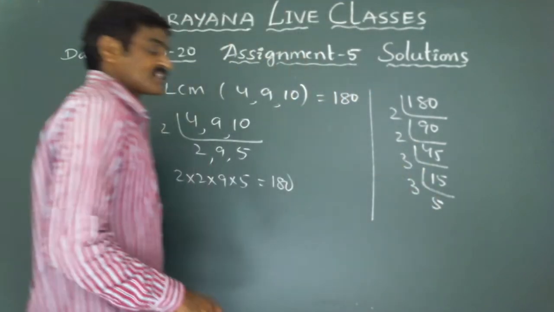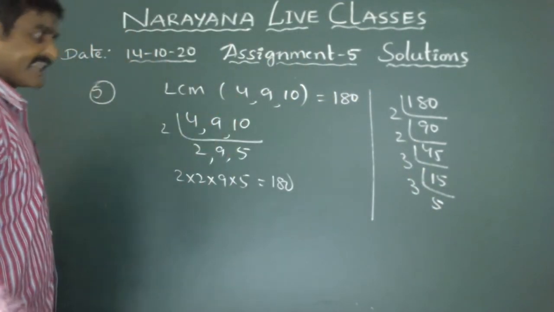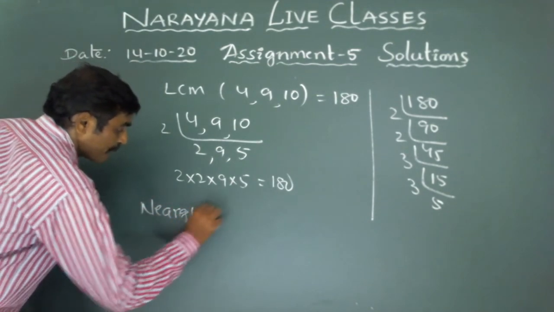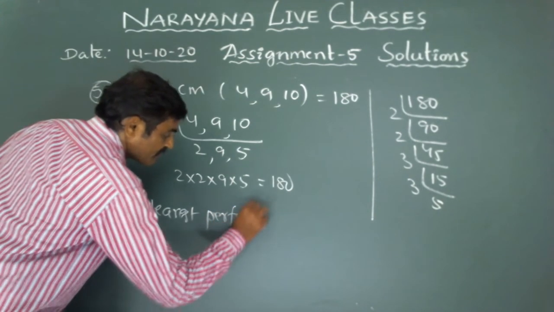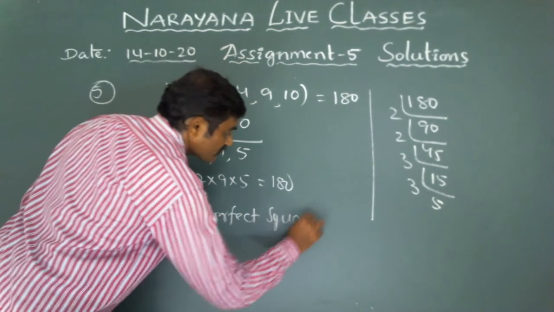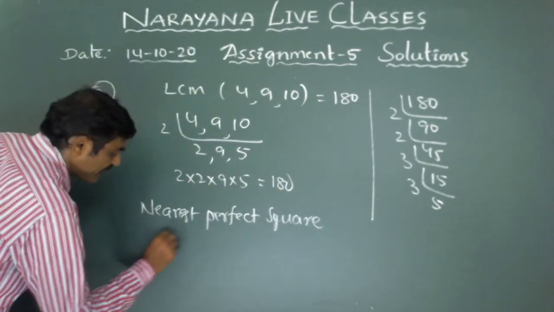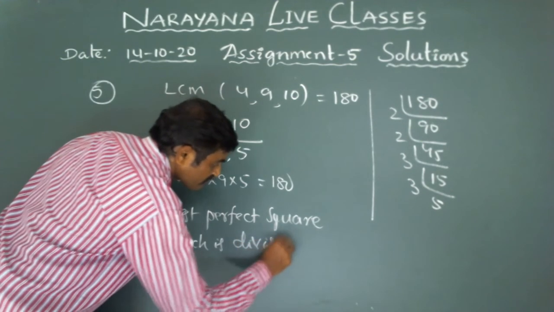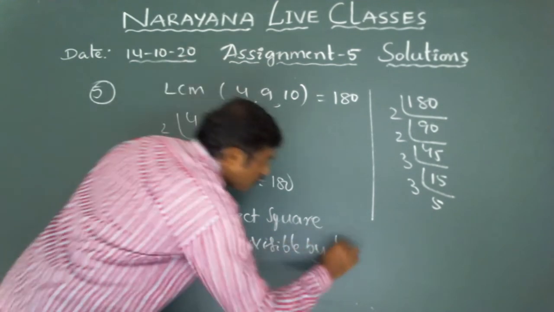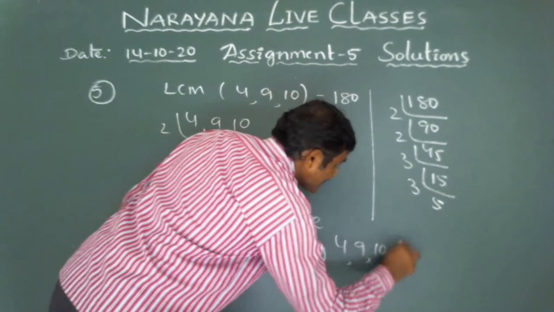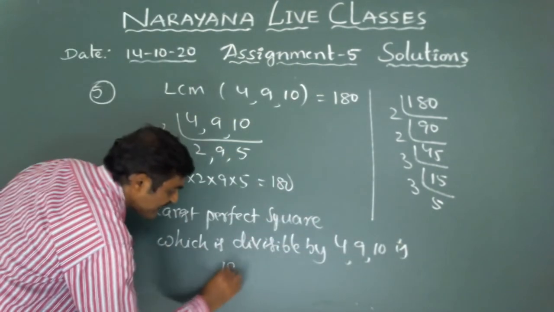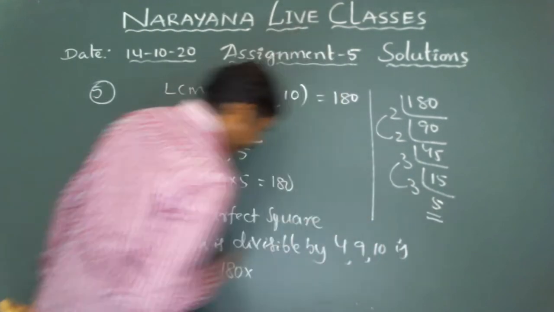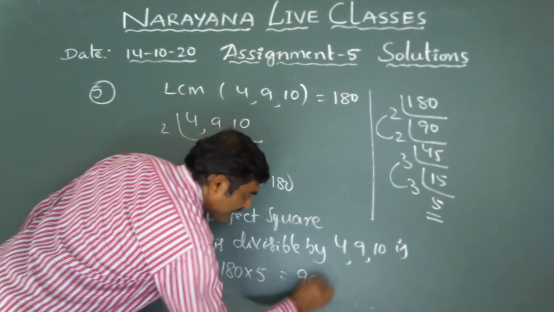It is not a perfect square. So the nearest perfect square which is divisible by 4, 9, 10 is 180 into... to become a perfect square I want one more 5, so into 5 is equal to 900.